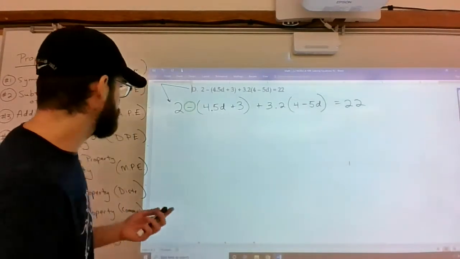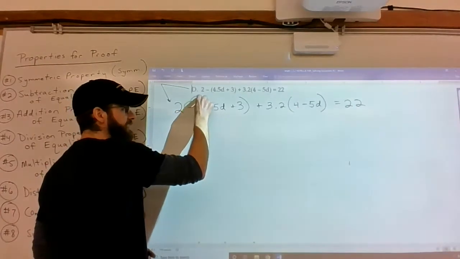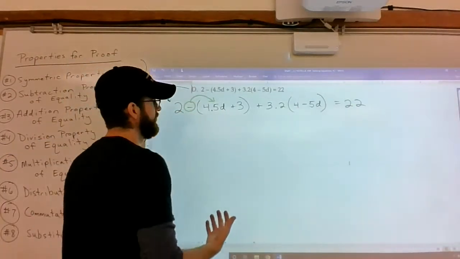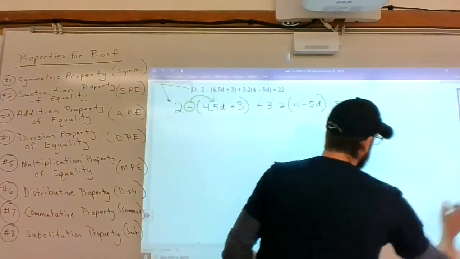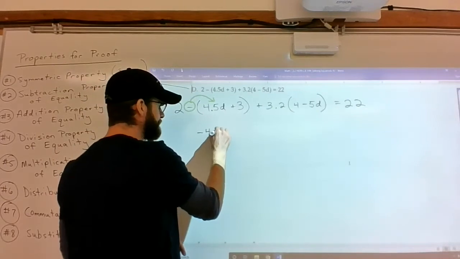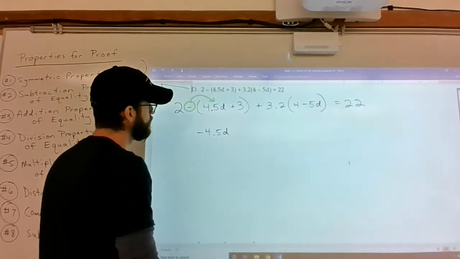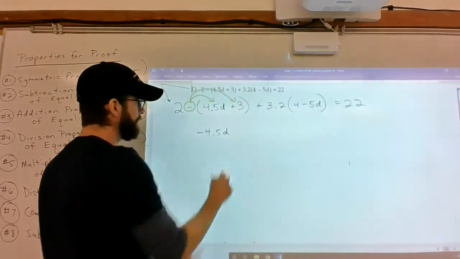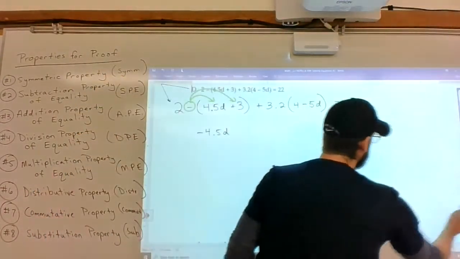Multiplying -1 times 4.5d to get rid of parentheses, okay? So that would give me -4.5d. And then when you multiply that -1 times 3, you get -3.